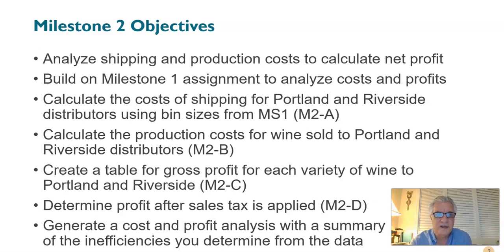So you'll see that you're going to have gross profits that vary by bin size based on the inefficiency of the shipping costs of a low number of bins to a distant distributor. So you will need to create a couple paragraphs on that same tab that is your analysis of these inefficiencies and what you might do differently in order to get better profit for the winery.